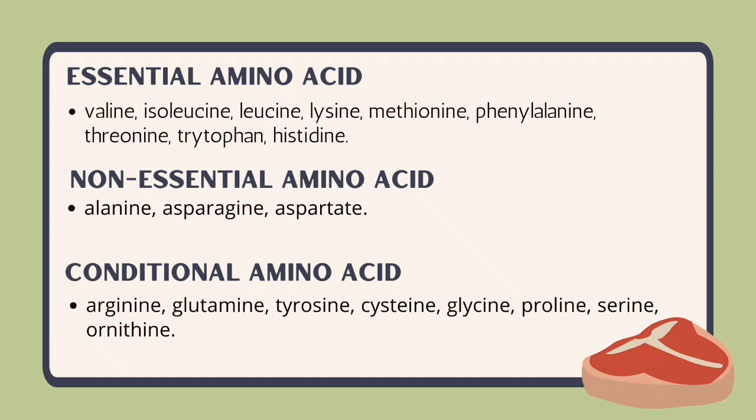However, it is not essential for our diet because it is already being synthesized by our body. And the conditional amino acid is only considered essential when you're ill or stressed. Please take note that our body does not store amino acids, so they need daily supply.